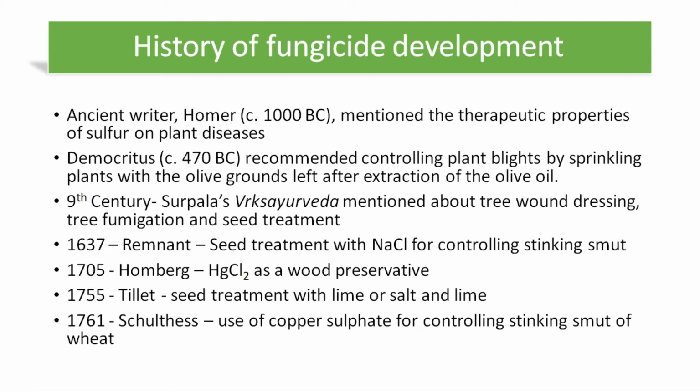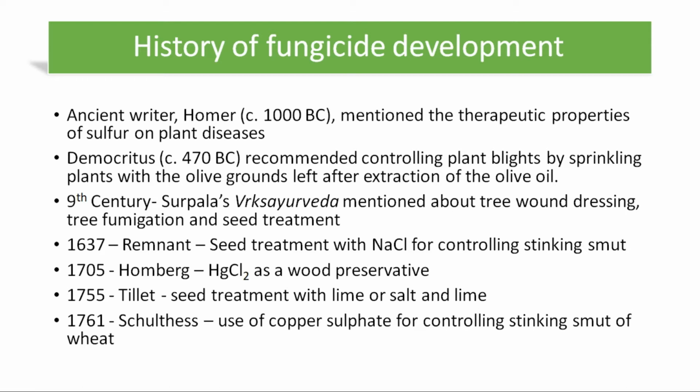In 1637, Remnant reported seed treatment with sodium chloride for controlling stinking smut of wheat. In 1705, Homburg used mercury chloride as a wood preservative. So here you can see gradually substances are coming like sodium chloride, mercury chloride.